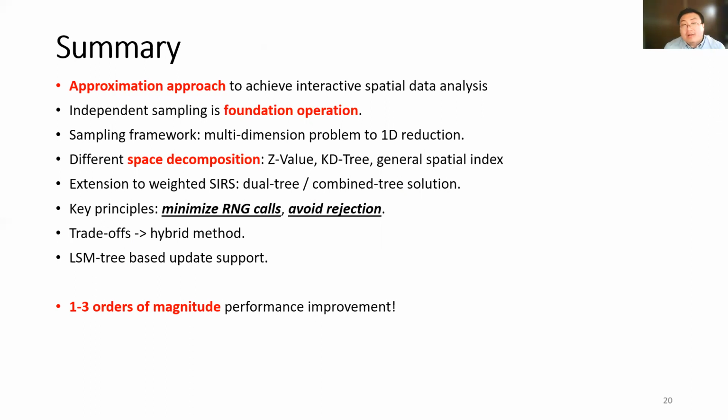We also extend our method to the weighted SRS problem, and the key principles of our design are to minimize the number of RNG calls and avoid rejections as much as possible. We also talk about trade-offs between different methods and propose a hybrid method. We also have an LSM tree-based solution to support updates. In general, we achieve 1 to 3 orders of magnitude performance improvement compared with all the baselines.